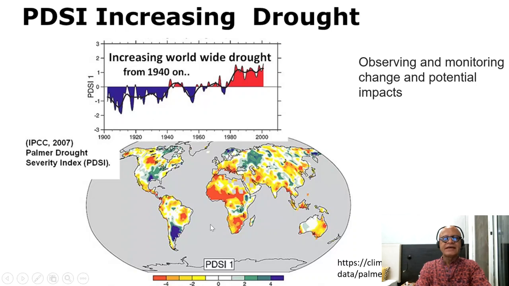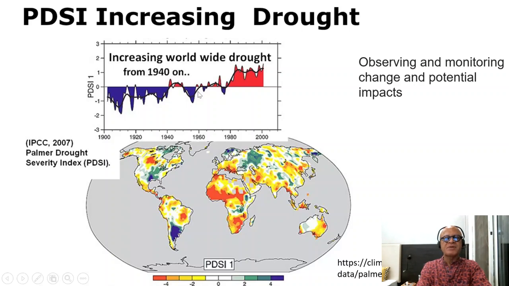So you can see that the red colors are where there are severe droughts, and there are wet regions as seen in positive PDSI numbers. When you look from 1900 to about 2005, which this analysis went to, it seems like from the 1940s onward, the worldwide drought seemed to have increased.